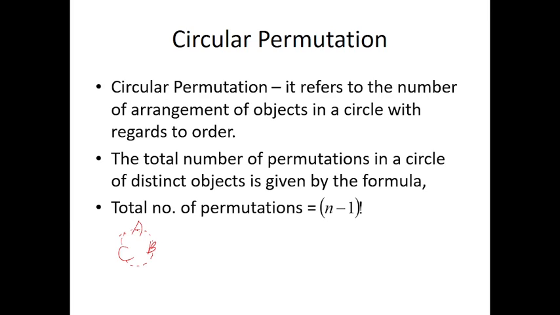Nakaupo dito let's say may upuan dito. Nakaupo dyan si person A, si person B, nakaupo din dito. Si person C, nakaupo din dyan. Okay? So, pwedeng yung ibang pattern, pwedeng nandito si A, nandito si C, nandun si B. Right? So, pwede yan. Okay?